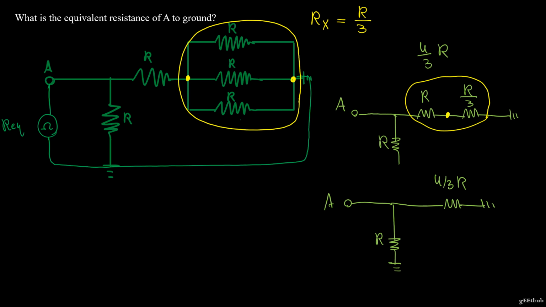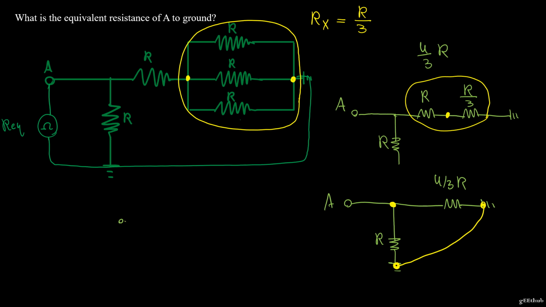Now these two share this terminal together and ground. I said you can connect grounds with a wire, so they're actually sharing that node together. So then they're in parallel.